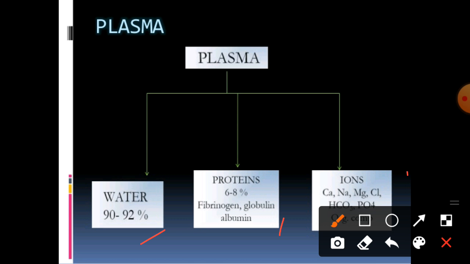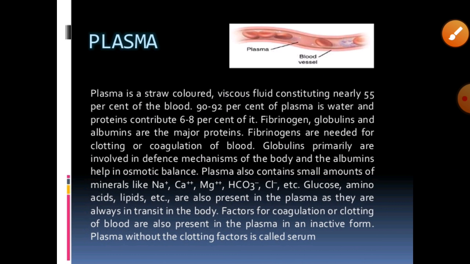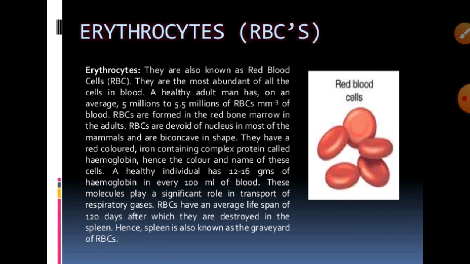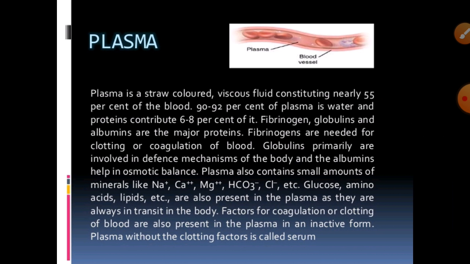We will talk about them later, but we should know that in the bone there are two regions: yellow bone marrow and red bone marrow. In the red bone marrow, the different cells of the blood, such as RBC, WBC, platelets and so on, are found, and they are always helpful for the formation of the plasma. So this is the most important structure of the plasma.